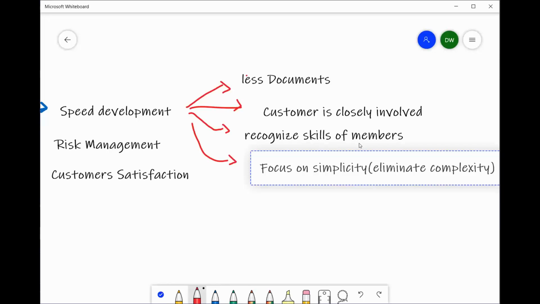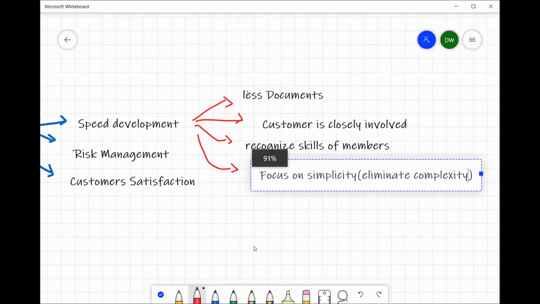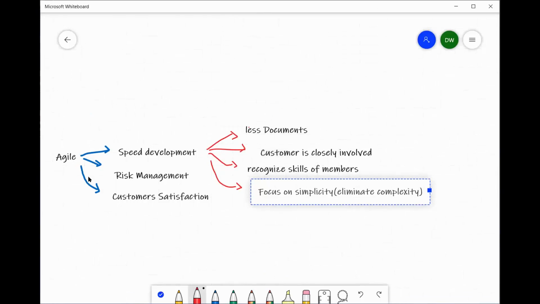And they focus on maintaining simplicity and eliminating the complexity of their development process. So those are the basic things that we have to know about the agile software development process.